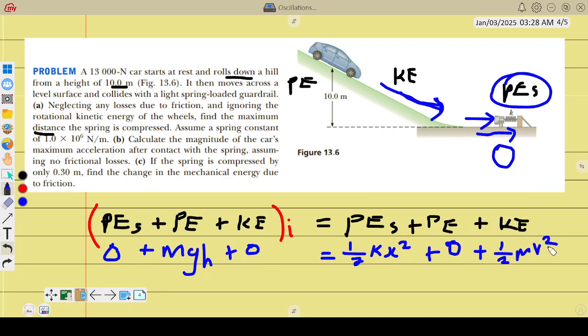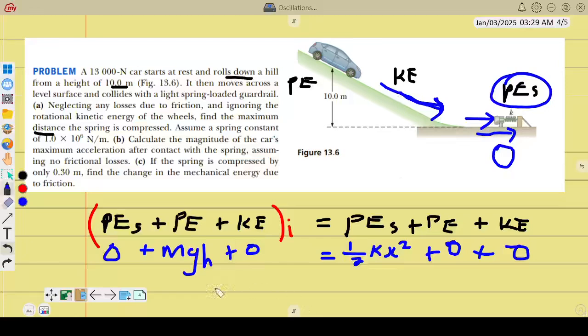So kinetic energy is half mv squared. The final velocity here is 0 because it's not moving. So under kinetic energy, we're putting 0. So let's put plus 0.